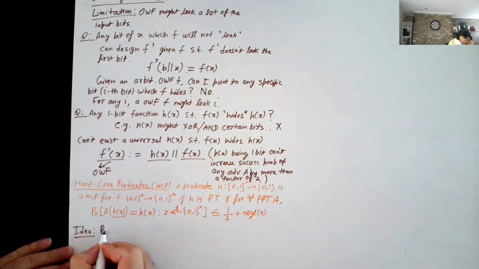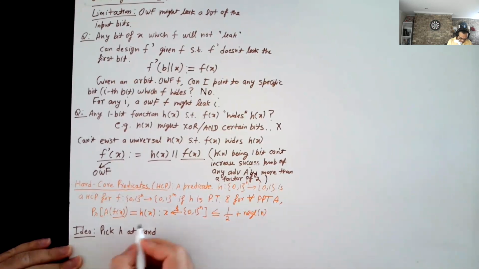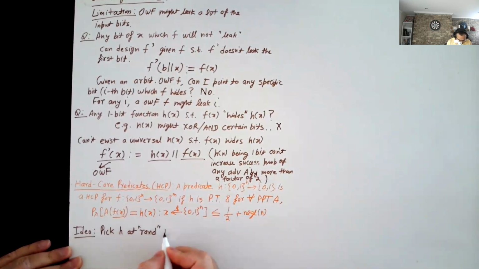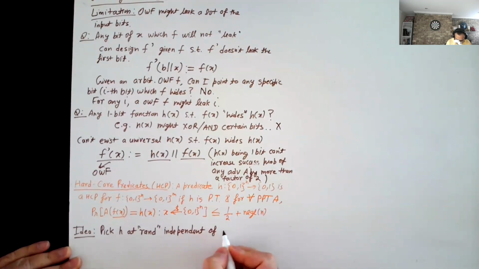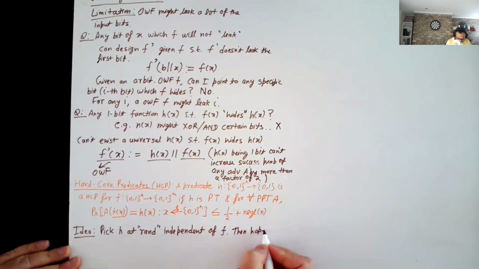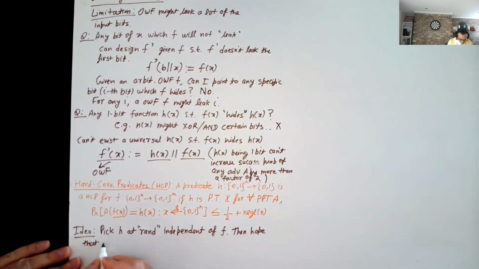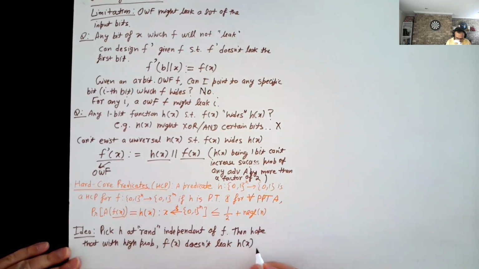We will pick h at random, whatever random means, we will see in some sense, independent of the description of the one-way function f, then hope that with high probability f of x does not leak h of x.